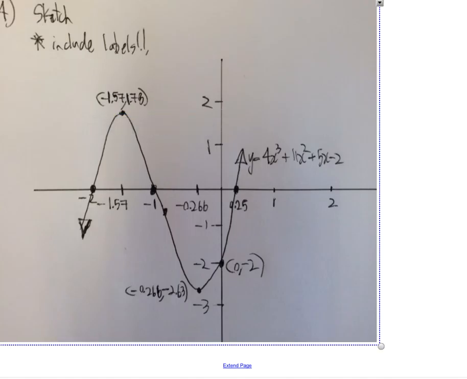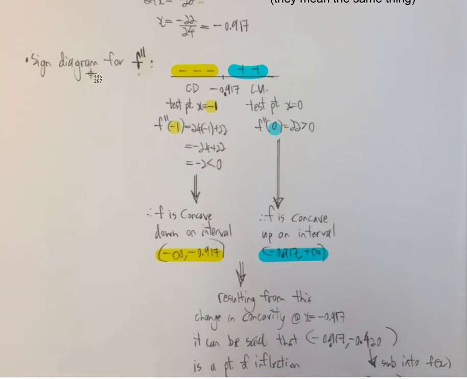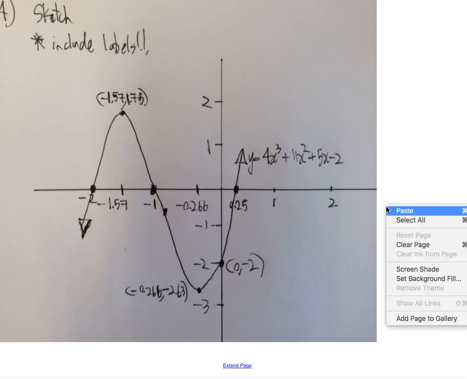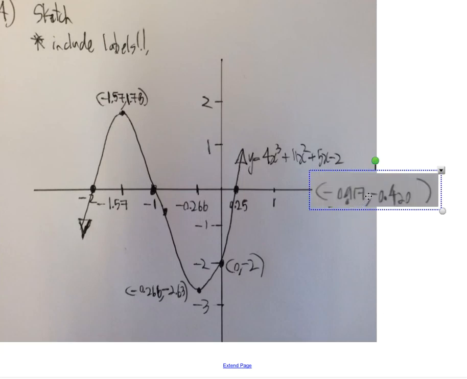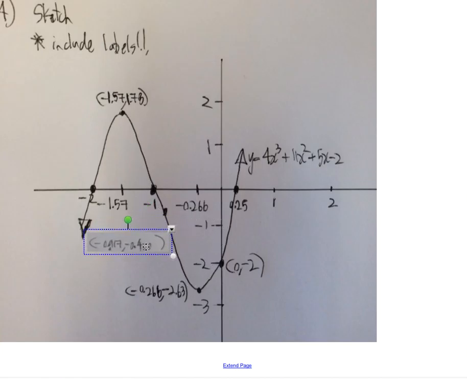Let's try that again, shall we? Take a screen grab of that. So that's where the concavity changes from a frowny face to a smiley face, in other words, concave down to concave up.